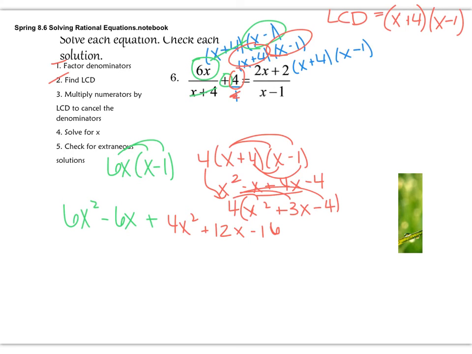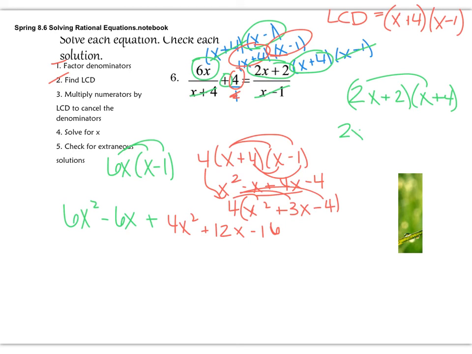All right, and then the last part, the x minus 1's cancel. And I have 2x plus 2 and x plus 4 left over that need to be multiplied.